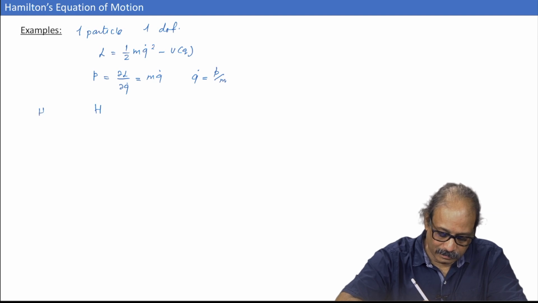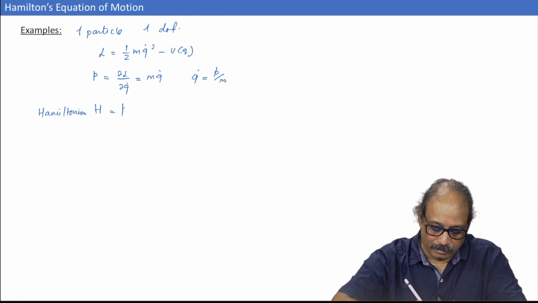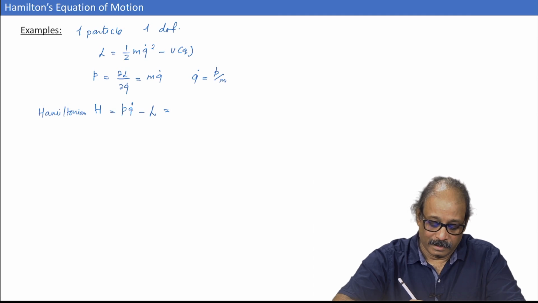Let us calculate the Hamiltonian. So, the Hamiltonian H will be equal to p q dot minus L, and let us substitute various quantities there.